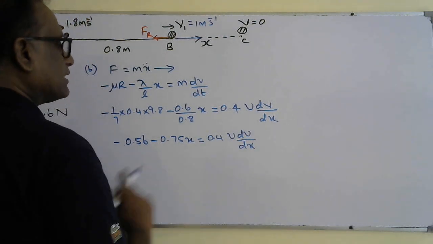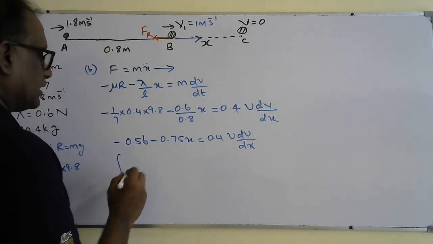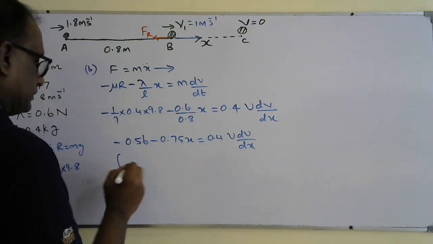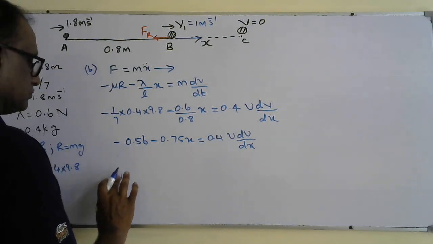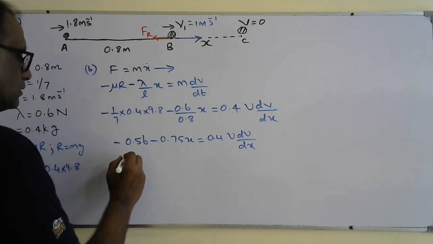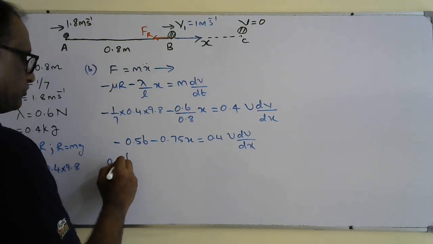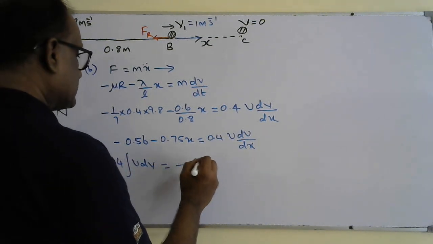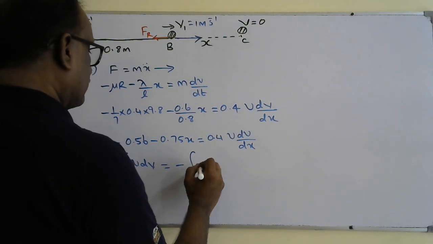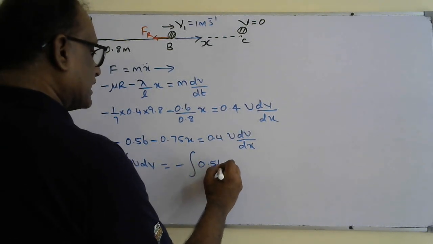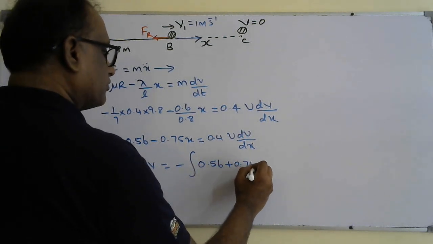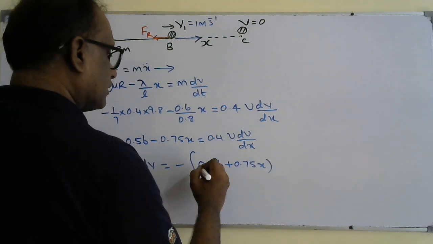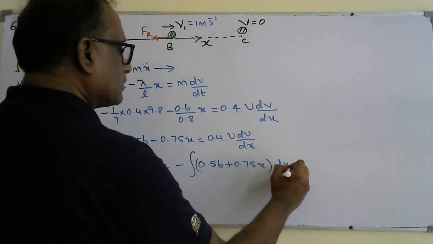So we integrate it. Integral of, we'll take the subject, 0.4 v dv is equal to minus integral of 0.56 plus 0.75x dx.